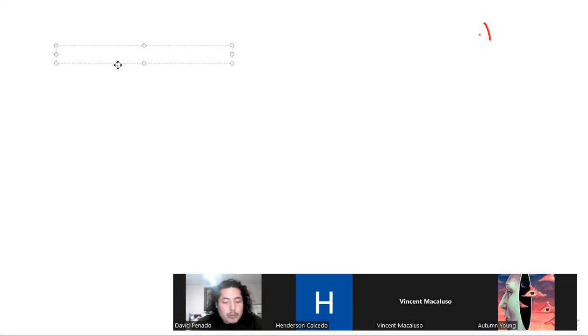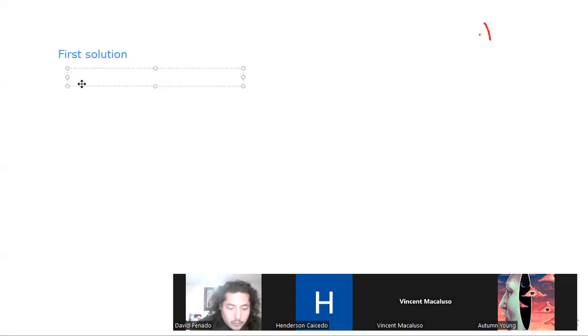So I'm gonna write here for solution. We have the V, which is 10 liters. And the other one is molarity, which is 4.